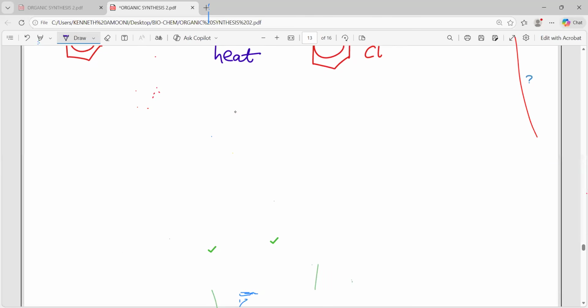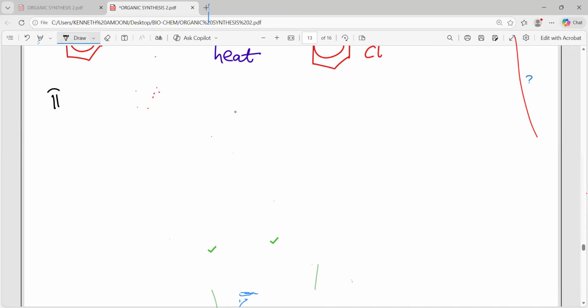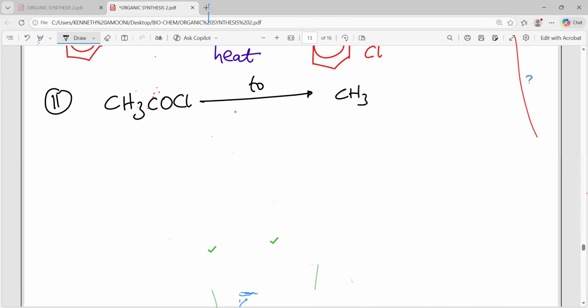So let's look at the other number. It's now going to be number 11. Number 11 is saying CH3COCl, then you're moving to CH3CHCl2.